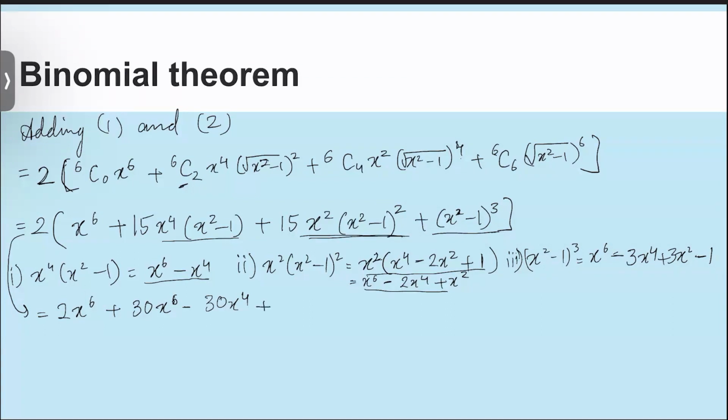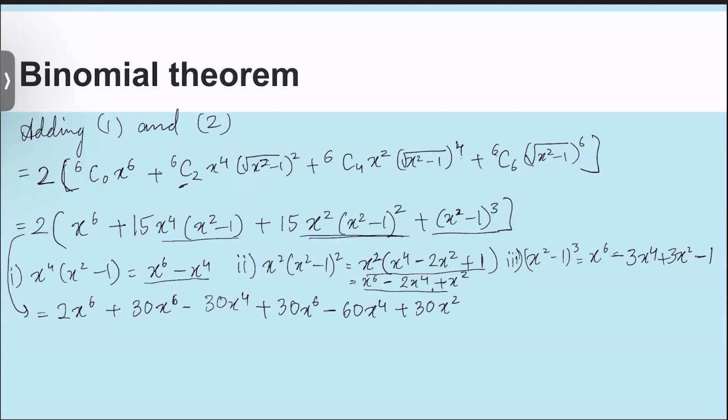Now over here you will have plus 30 into x raised to 6, minus 30 into 2 will be 60x raised to 4, and 30 into x squared. Okay, so plus 30x squared.